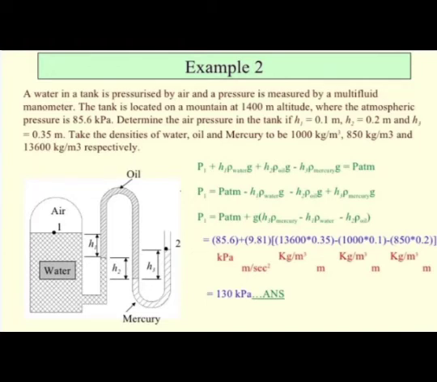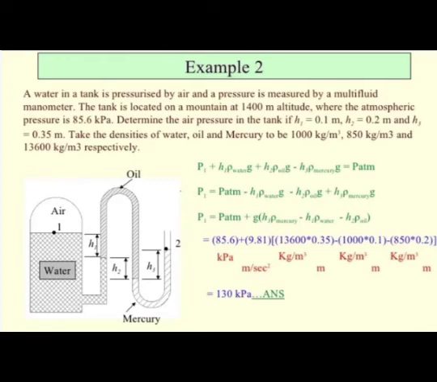A water tank is pressurized by air and the pressure is measured by a multi-fluid manometer. The tank is located on a mountain at 1,400 meter altitude where the atmospheric pressure is 85.6 kPa.